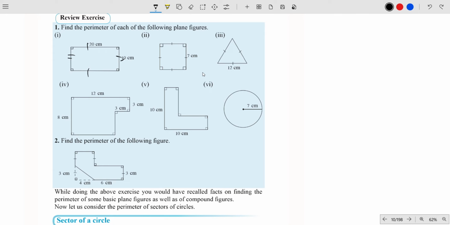Then finally in the second question, there is one extra step using the Pythagoras theorem. I think you can rewind the video and revise the sums. Okay, that's all for the review exercise.